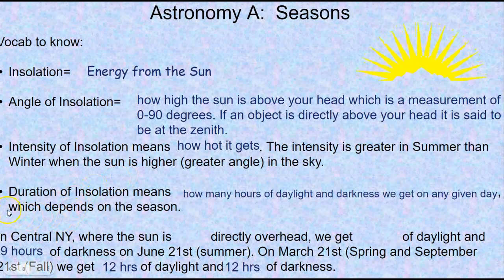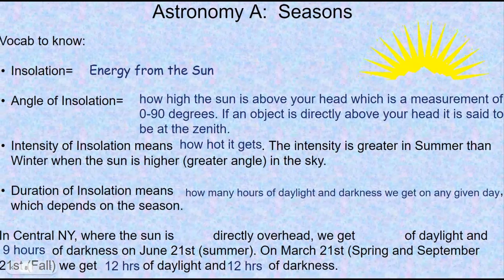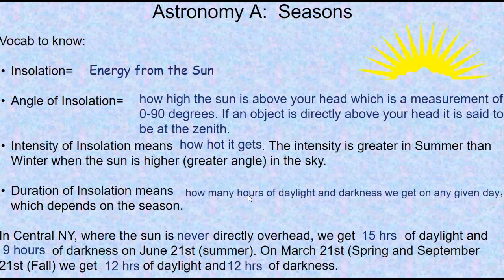And so in central New York, where the sun is never directly overhead, we get 15 hours of daylight and 9 hours of darkness on June 21st. That was the time frame that I got mixed up a little bit on.